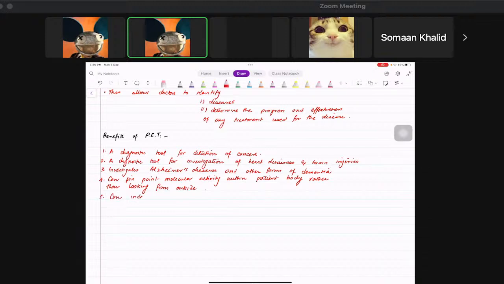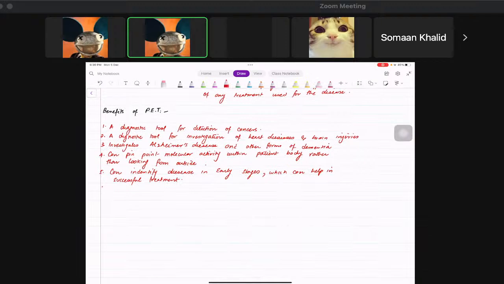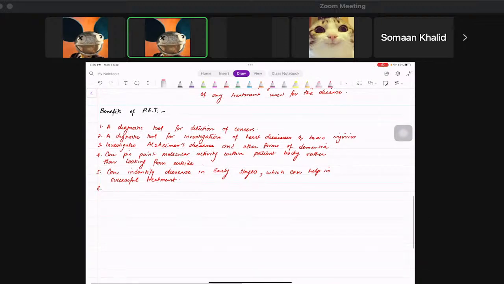Can identify disease in early stages which can help in successful treatment. Others, basically, when there's too much damage, then you do X-ray or CT scan and makes things visible. So it's good in that sense.